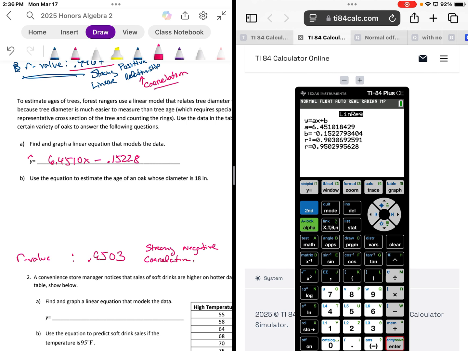Now, technically on this one, we would say there's a strong negative correlation. Actually, no, sorry, a strong positive. My bad. It's still positive.